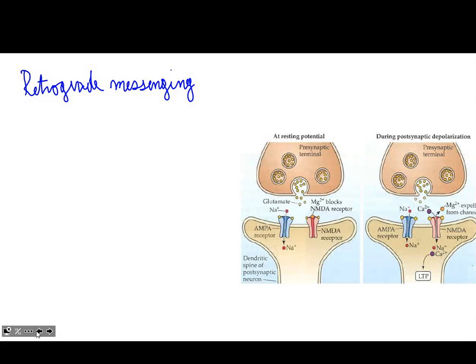So the idea here is that if a neurotransmitter from the presynaptic terminal is co-released, maybe there's a release of something like nitric oxide from the presynaptic terminal.